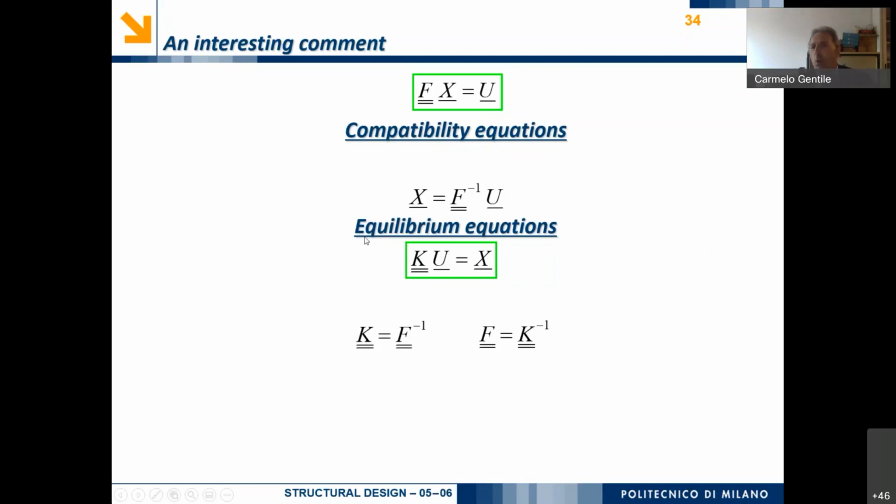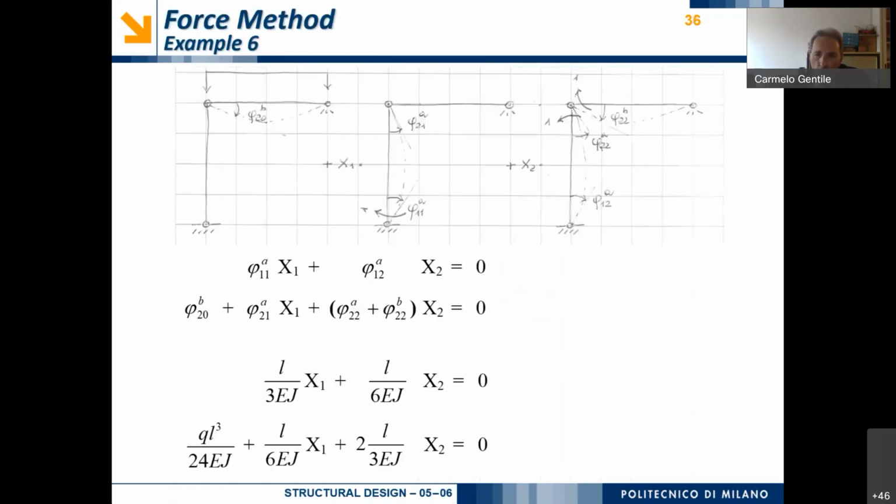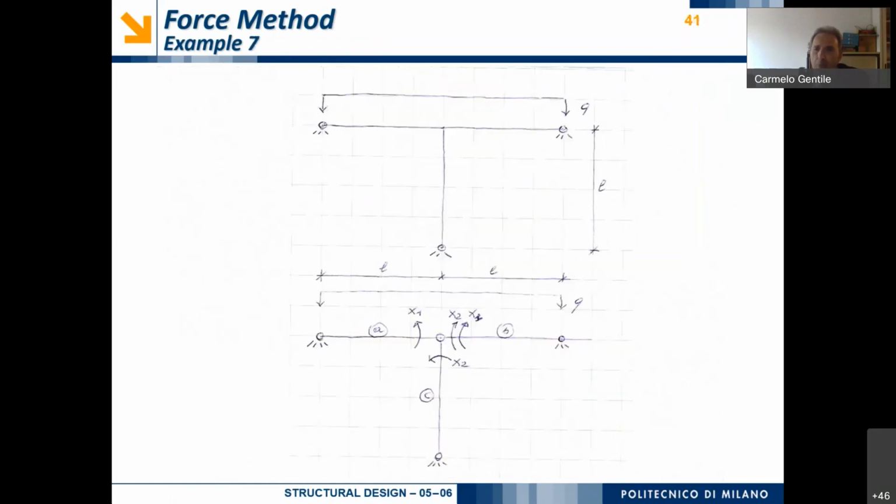And generally, when we apply methods for solving highly redundant structures, we do not apply the force method, but a different kind of method belonging to a different family, and this family is called the family of the displacement method.